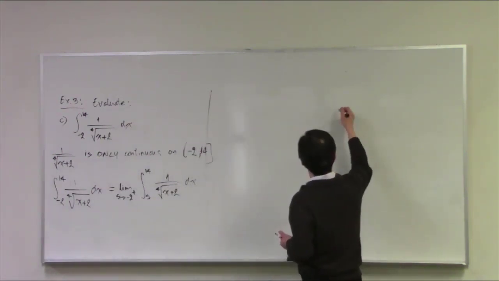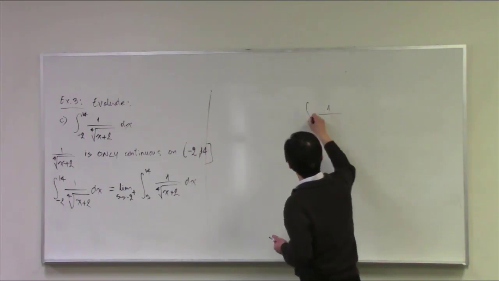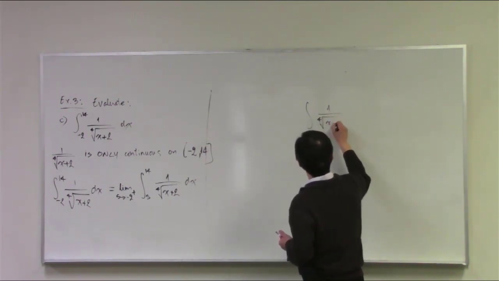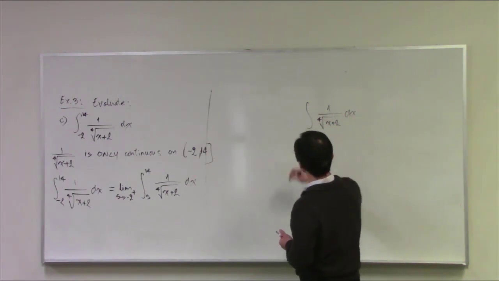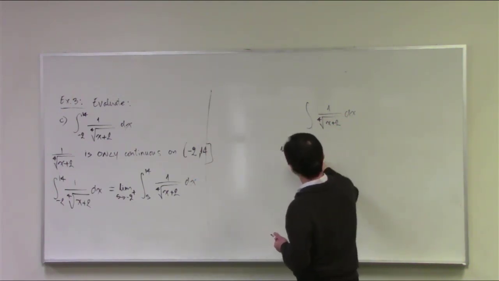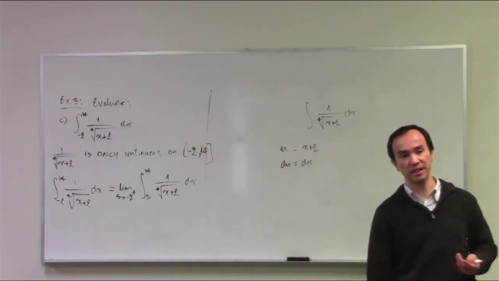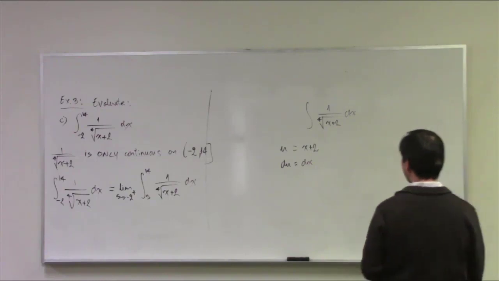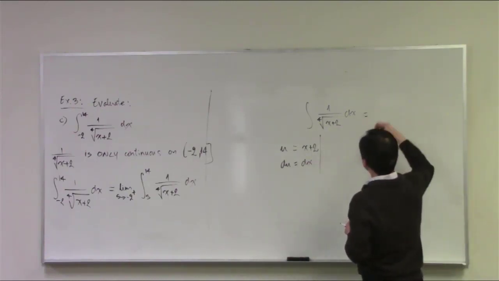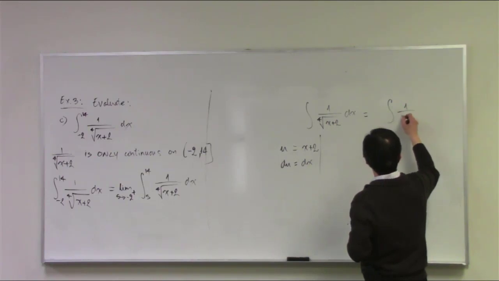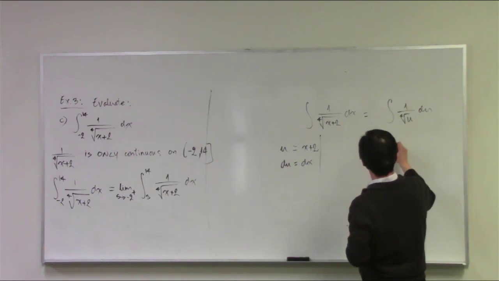You can do some scratch work here. When you take the integral of 1 over the 4th root of x plus 2 dx, you can do a quick little substitution, letting u equal x plus 2. So du equals dx, because du/dx equals 1; I found the derivative and rearranged the differentials. Now the integral becomes 1 over the 4th root of u du, which is essentially u to the negative 1/4 power.